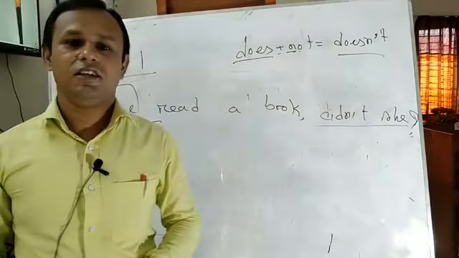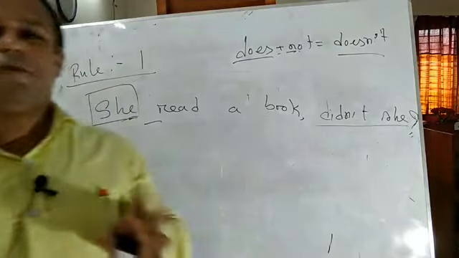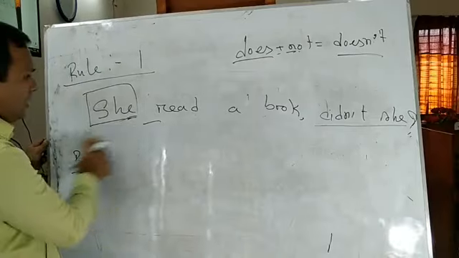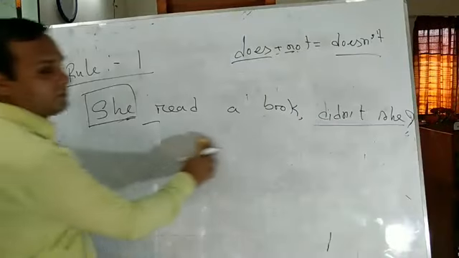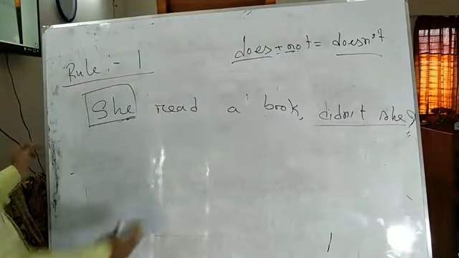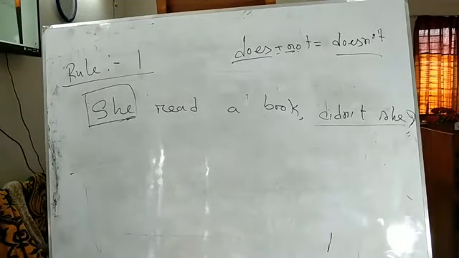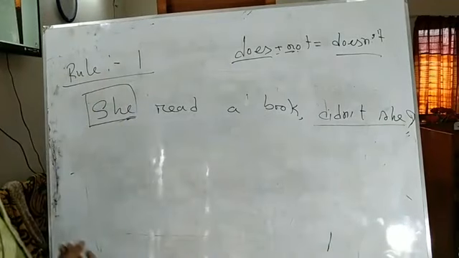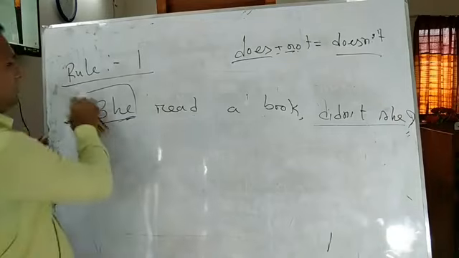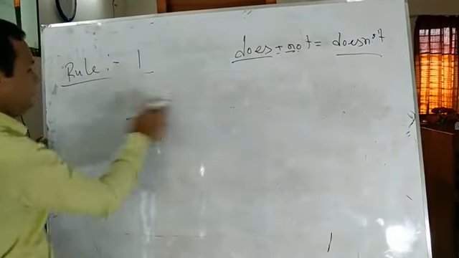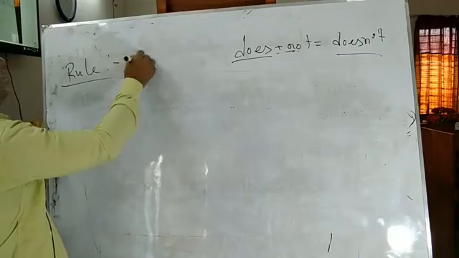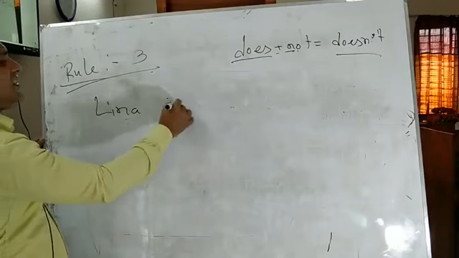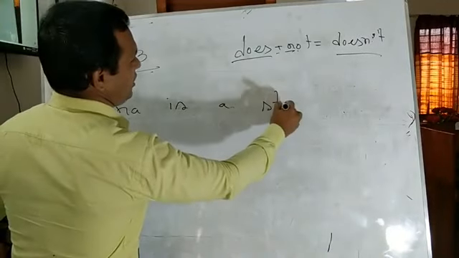So my dear students, I think you are clear with me and you have understood it. Dear students, I am going to another rule, rule number 3. Lina is a student.